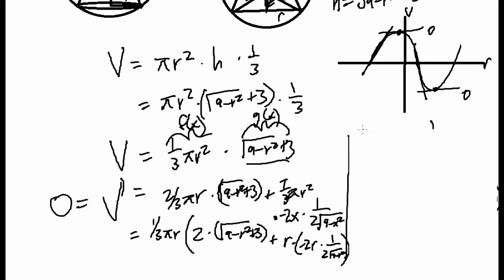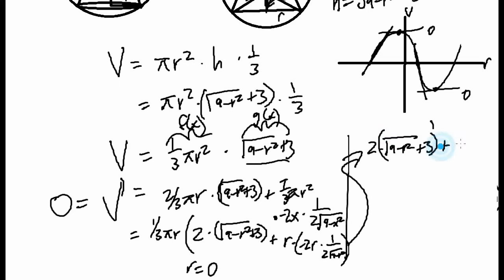Okay, so let's see. Well, we already have one solution. If we factor out 1/3 pi r from this, we can see that r could equal 0. And if r is 0, the radius is 0, that would also give v prime a value of 0, and that slope would be 0. So I guess that's one solution. But another solution would be 2 times square root of 9 minus r squared plus 3, plus, now we can cancel out 2 right here.